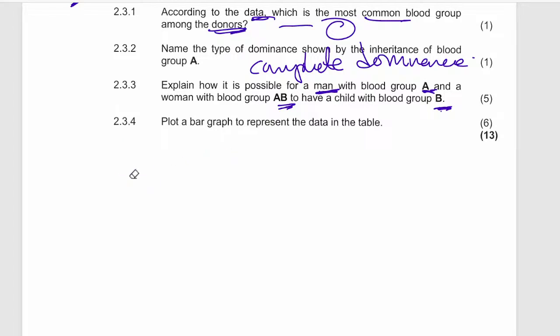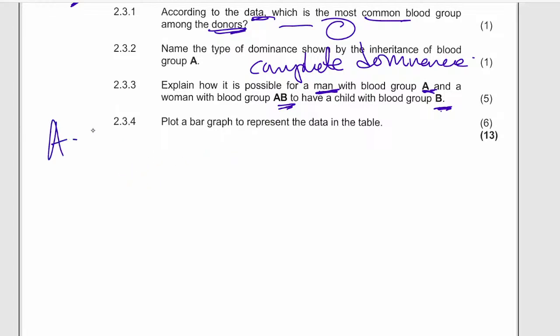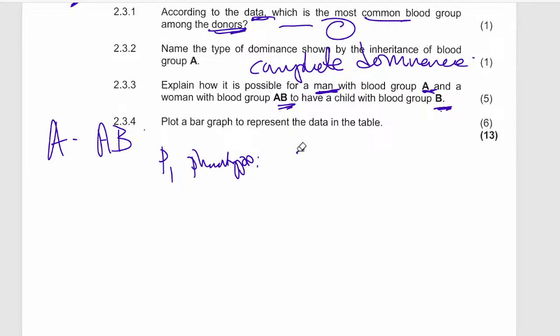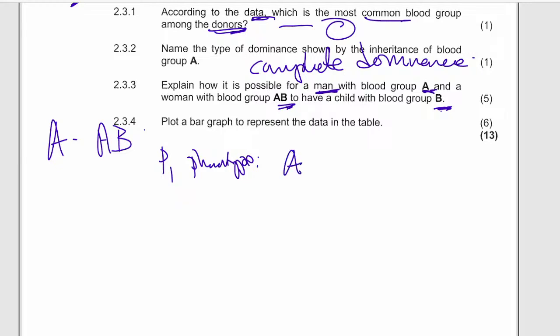For example, you can say blood group A and then blood group AB, meaning you write P1, phenotype: blood group A, heterozygous, crossed with blood group AB.